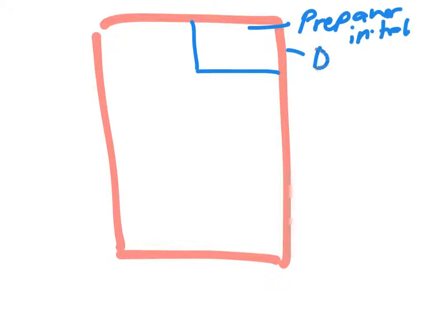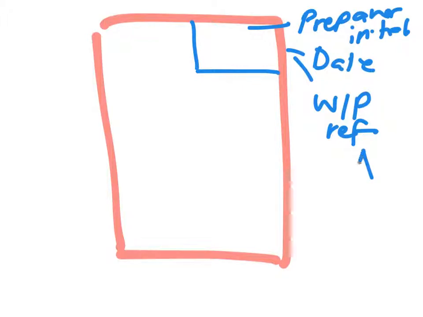You'll see the date. And you'll also see, as I noted earlier, the work page reference. Every organisation does this in a slightly different way, but the key point is that this reference is unique, which means you won't have two documents with the same reference.